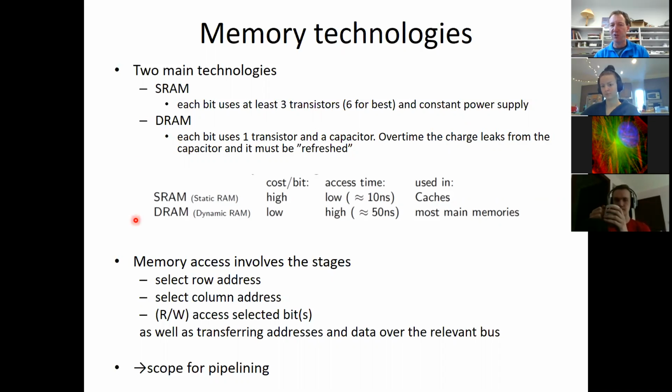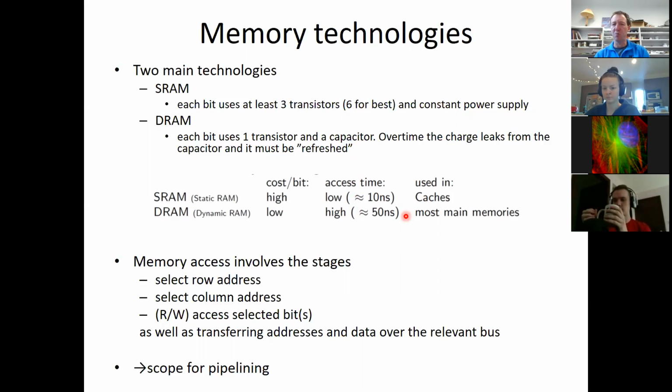In terms of memory behavior, if you compare static RAM to dynamic RAM, the big difference is the access time. Static RAM can be accessed much quicker than dynamic RAM. Because of this reduced access time, it's mainly used in caches, whereas DRAM is used in main memory.